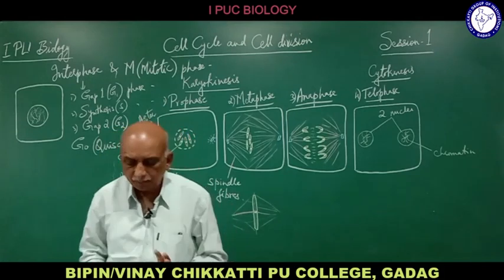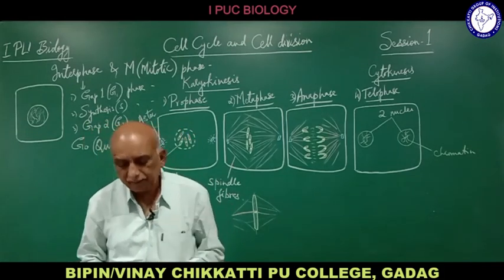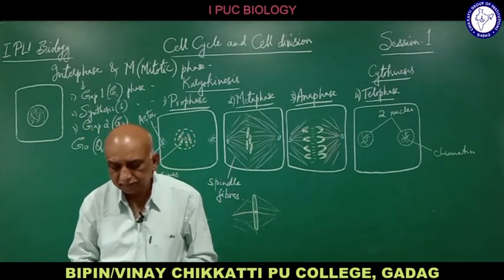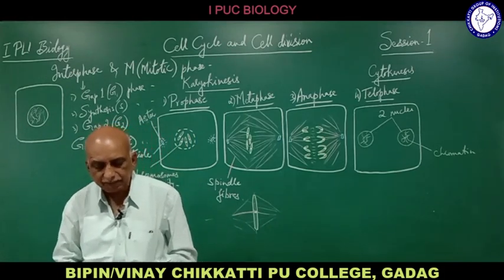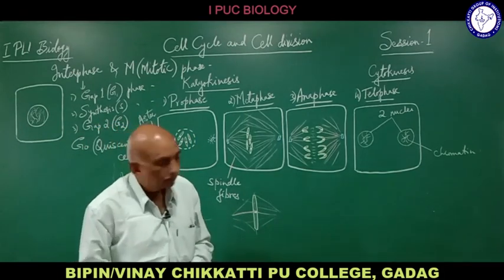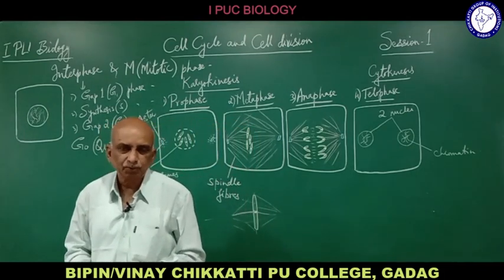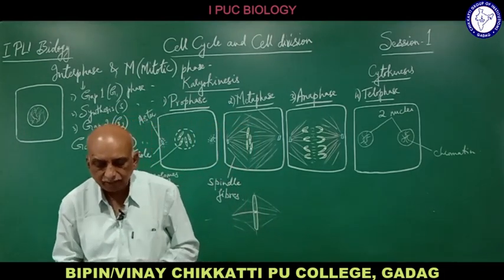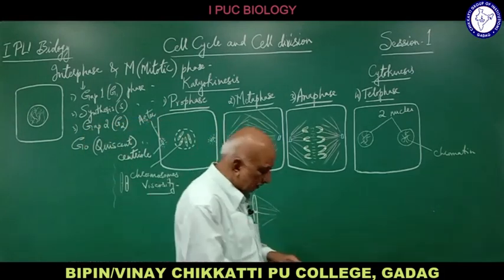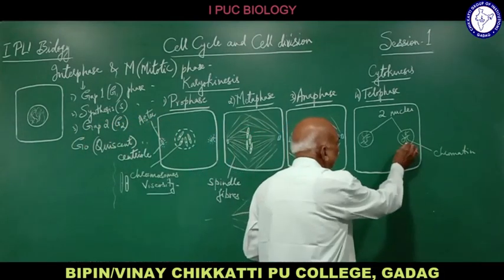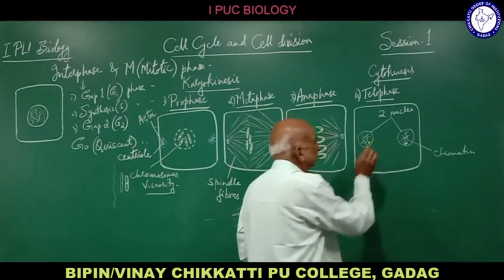So after becoming chromatin, the nuclear membrane reappears, meaning it forms around each chromatin cluster, or sometimes the chromosome clusters, they are also called, and then the nucleolus in the nucleus appears there.